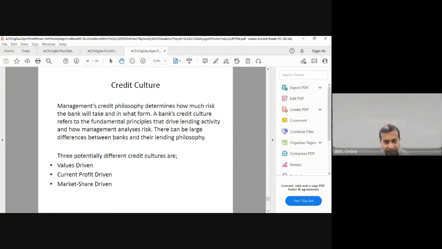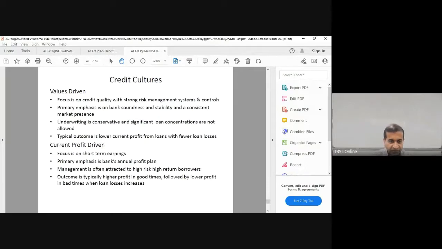So based upon that, there can be 3 different cultures: value driven, current profit driven, and market share driven. If you look at the value driven, it is the most recommended culture which should prevail in an organization. Focus is credit quality with a strong credit management system and controls. The primary credit emphasizes bank soundness and stability.